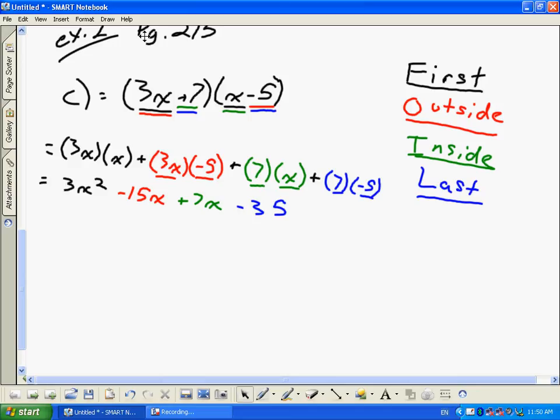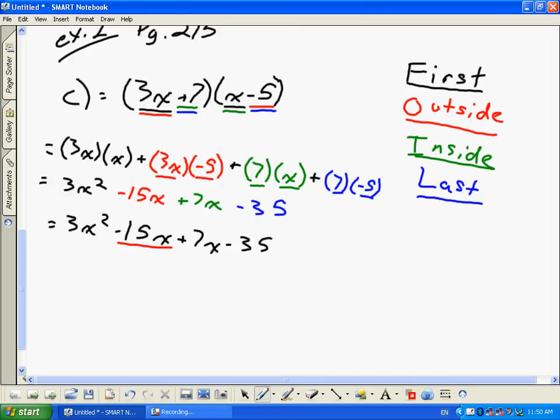Okay? So now I've made all my combinations. I'm going to rewrite this all in black now. 3x squared minus 15x plus 7x minus 35. Okay. Now finally I need to combine my like terms. There's one pair of like terms in this. Tom, what are they? Yes.